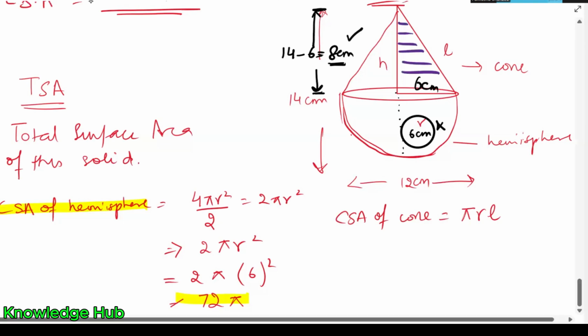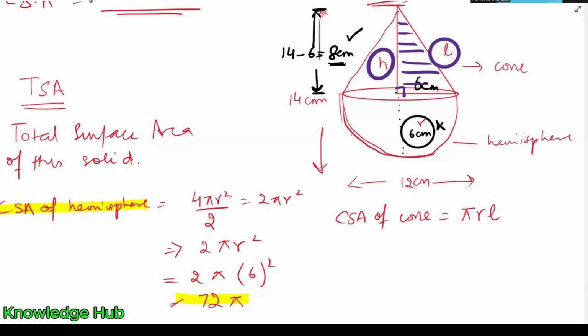This is a right angle triangle, and on a right angle triangle, we can use which theorem? Pythagoras, for finding out the length. We have L, H, and this 6 here. With the help of these three, we can easily find the value of L. So we apply the Pythagoras theorem: h square equals p square plus b square.